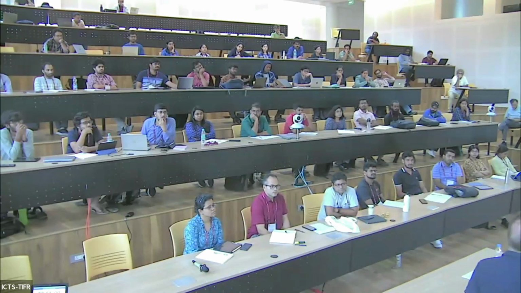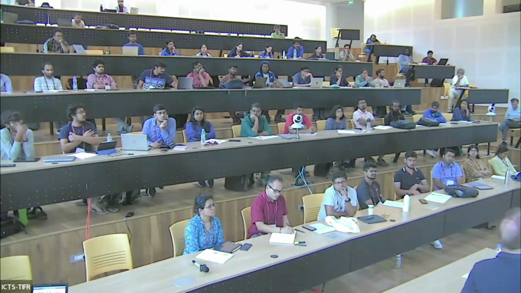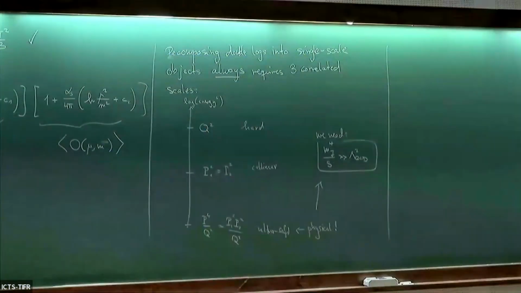Yes. The situation, this is the simplest version of SCET that I'm discussing here. There is another version of SCET called SCET2. Sometimes this is relevant if you have particles with masses, for instance, electroweak gauge bosons. Again, Anish did nice work on SCET in the context of massive electroweak gauge bosons.